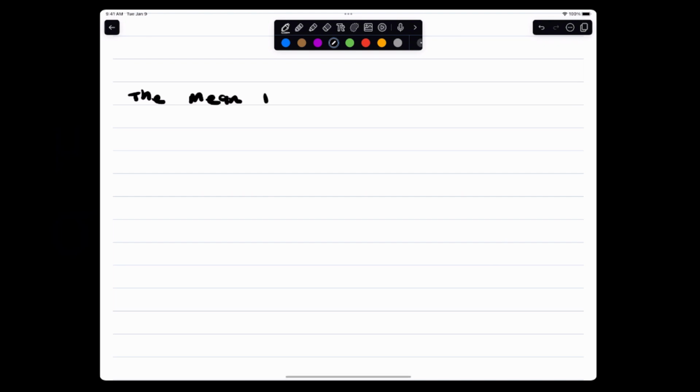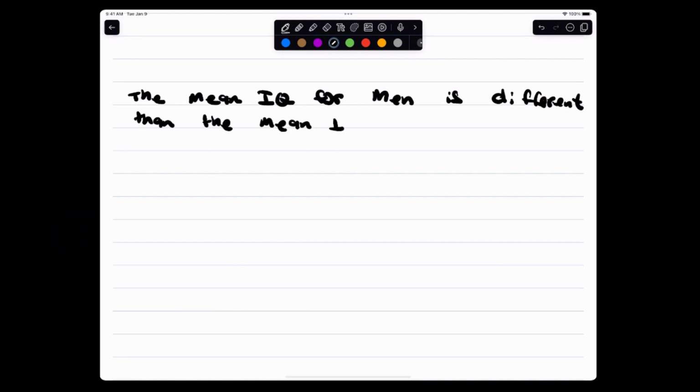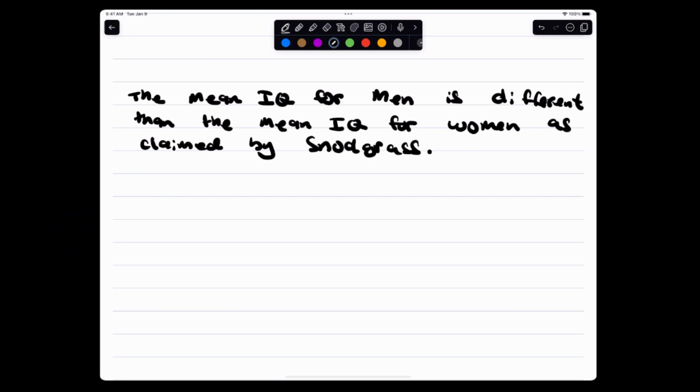The mean IQ for men is different than the mean IQ for women, as claimed by Snodgrass.